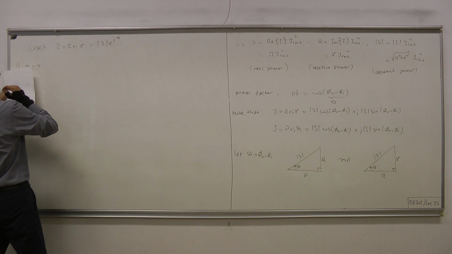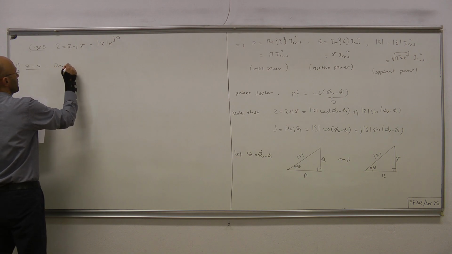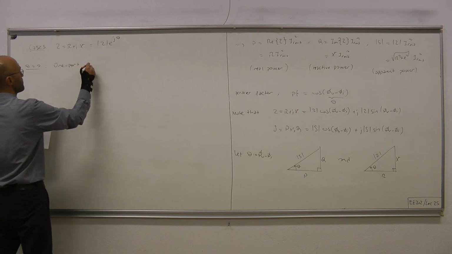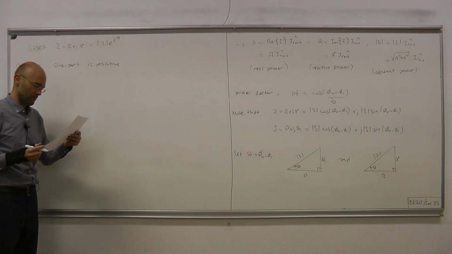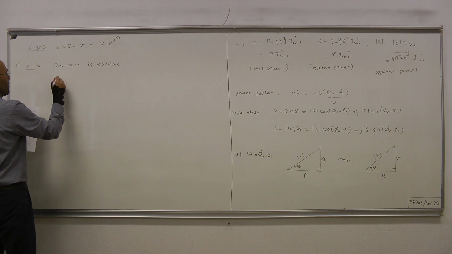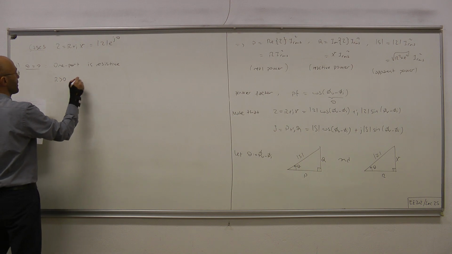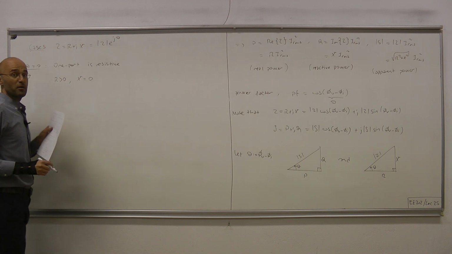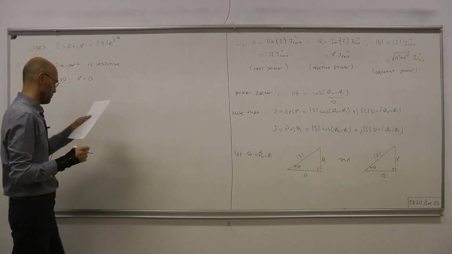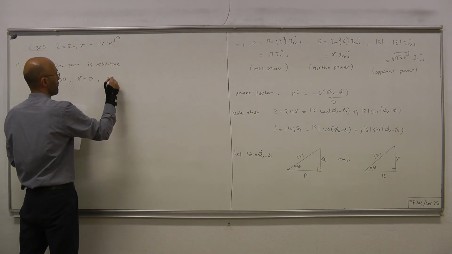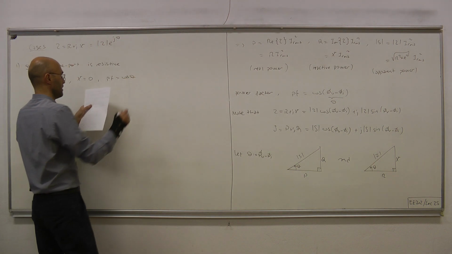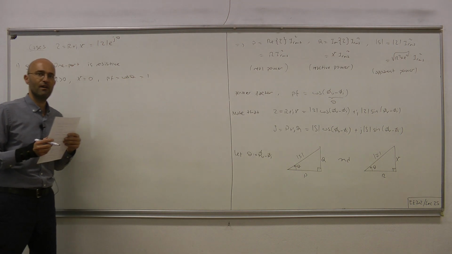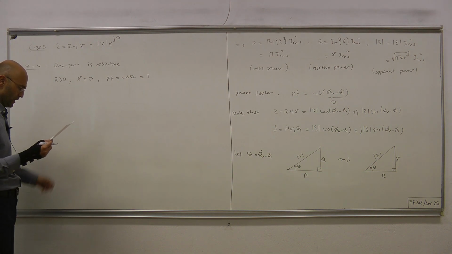In that case, one port is said to be resistive. Okay, so R is positive. The imaginary part of the impedance is 0, so the reactance is 0, and the power factor, which is cosine theta, equals the largest value that it can take, namely 1.